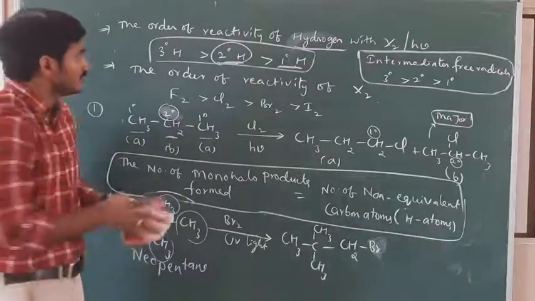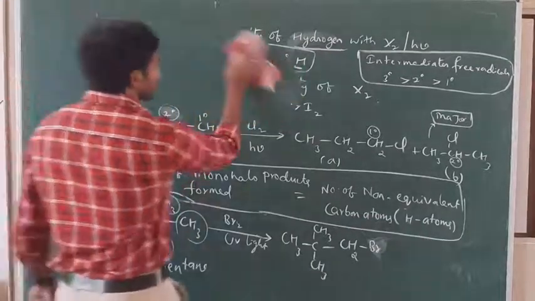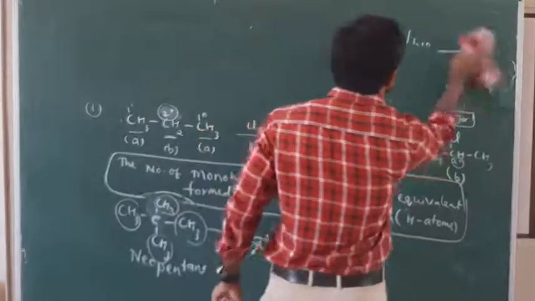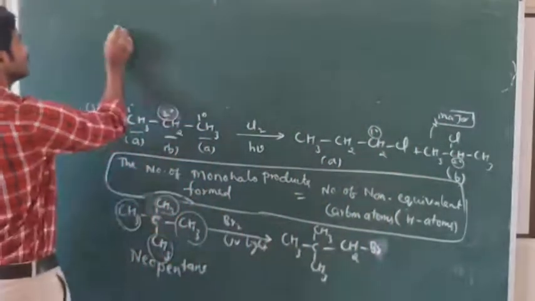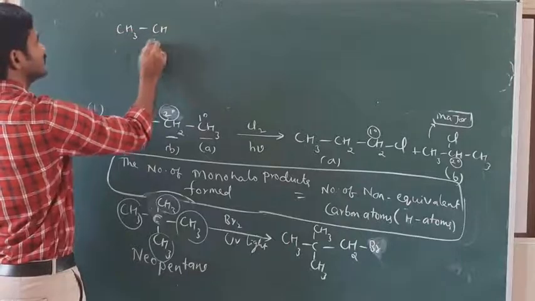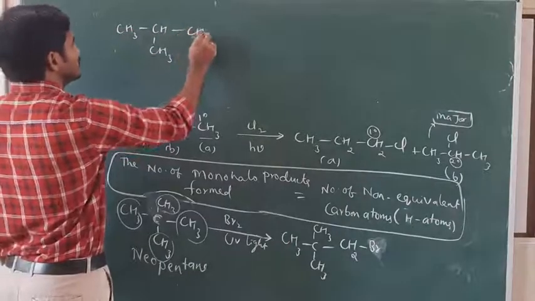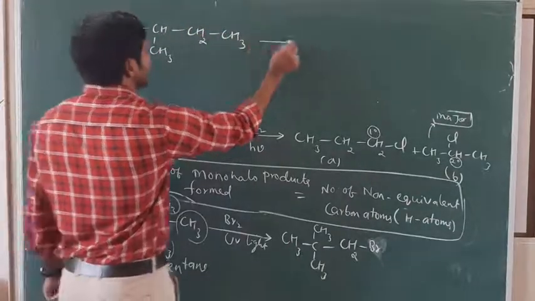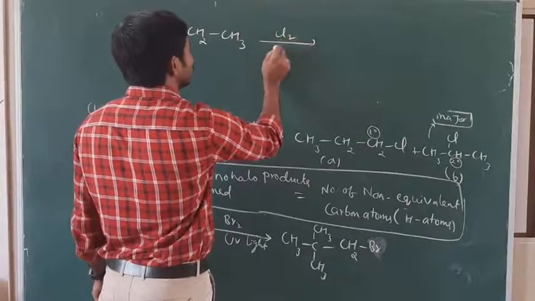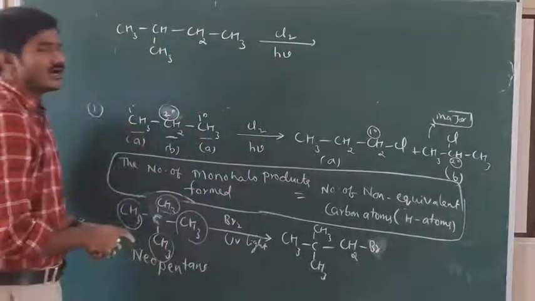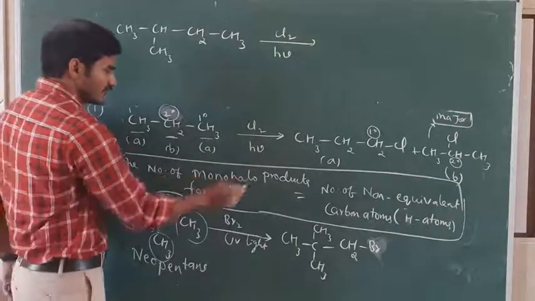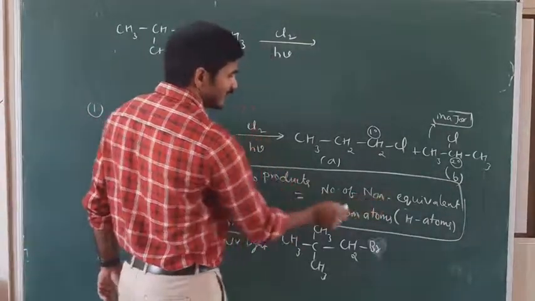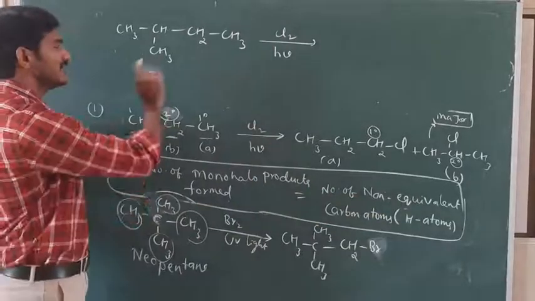Another example, I write it here: CH3, CH, CH3, CH2, CH3, reacting with chlorine. How many products do we get in this? The number of monohalo products formed is equal to the number of non-equivalent carbon atoms. How many non-equivalent carbon atoms are there?